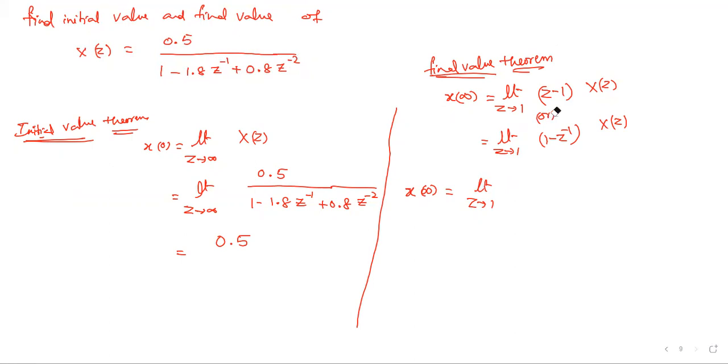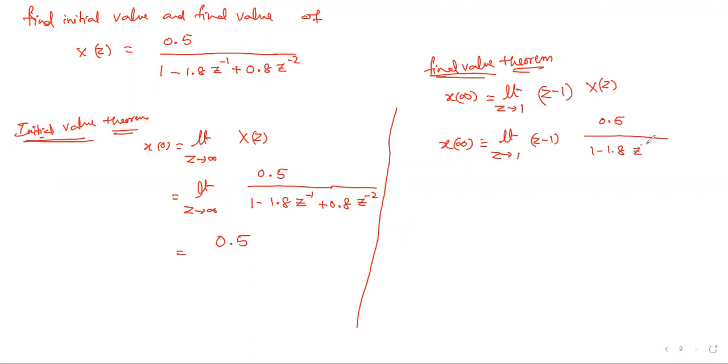Anyway, this is an examination, so we will follow the conventional basic formula. So x of infinity will become limit z tending to 1, z minus 1 into x of z, which is 0.5 divided by 1 minus 1.8 into z inverse plus 0.8 into z power minus 2.